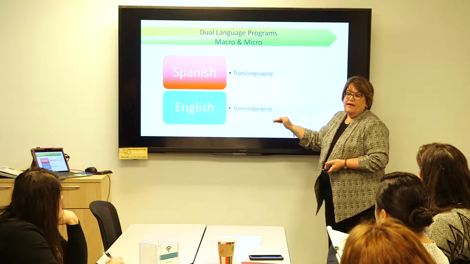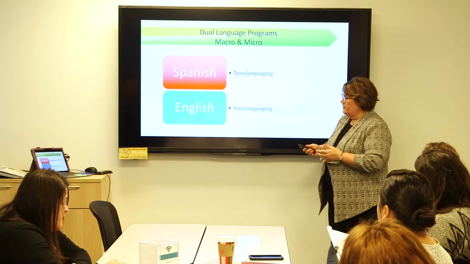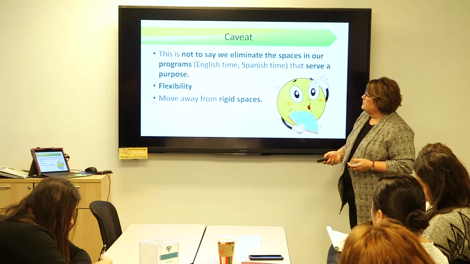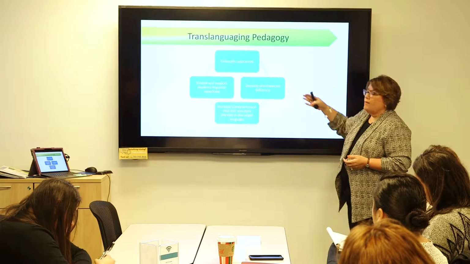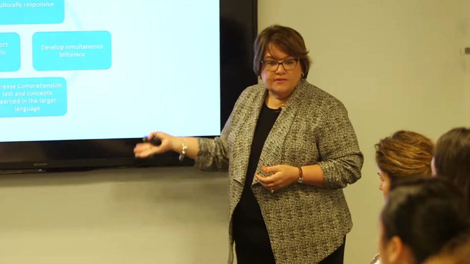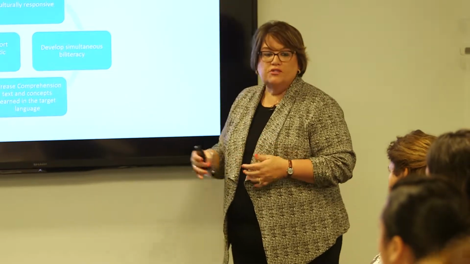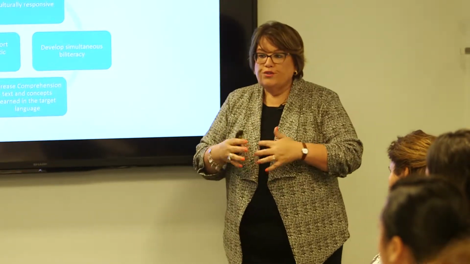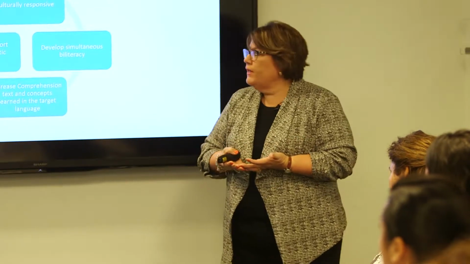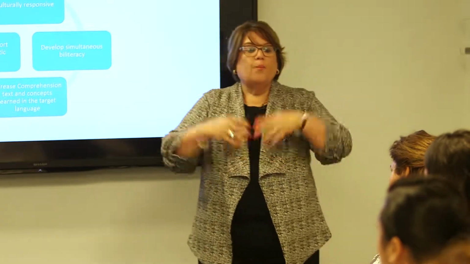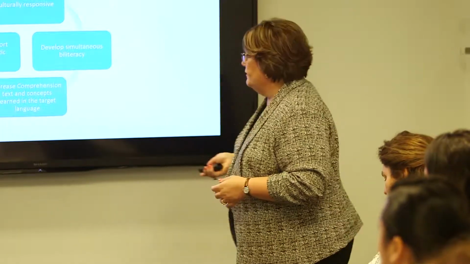Because at the end of the day, we want to be able to achieve those purposes established here, to develop simultaneous biliteracy, to increase comprehension and allow students to work through all of their linguistic repertoire to make meaning, as well as extend both their languages simultaneously.